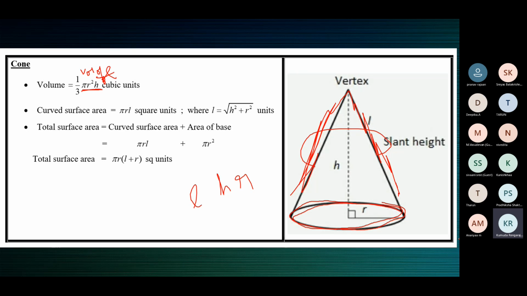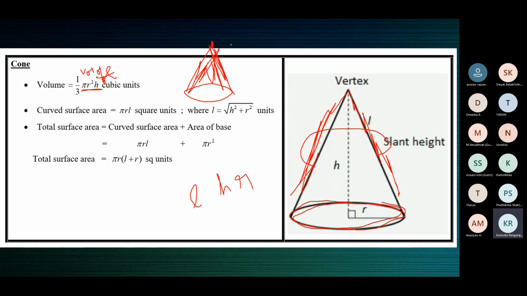Now, we just celebrated Diwali, right? So the flower pot we burst during the Diwali festival is a solid cone. It has some colored paper, blue and red, and this is the wick.